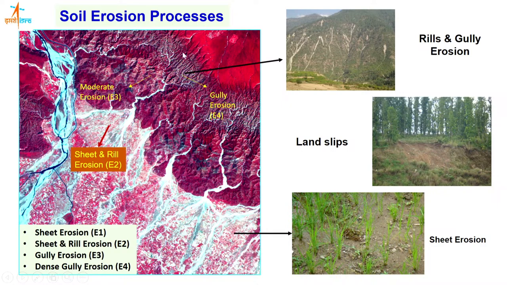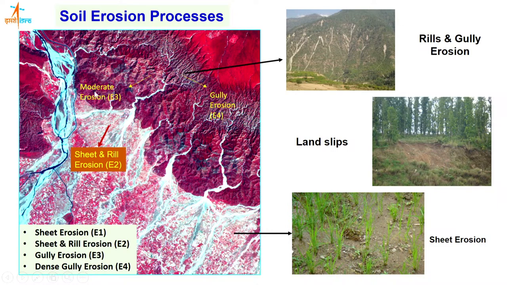You see here in this satellite data, there is a lot of dissection. Soil erosion is of four types: sheet erosion, sheet and rill erosion, gully erosion, and dense gully erosion. Here you can see the gully erosion, very severe erosion, because you are seeing a lot of gullies or drainage lines, dissected land.